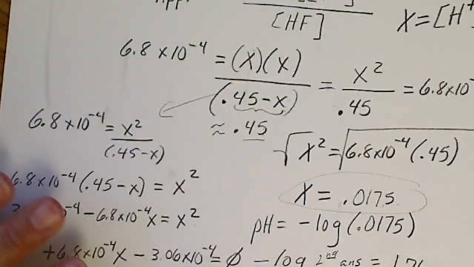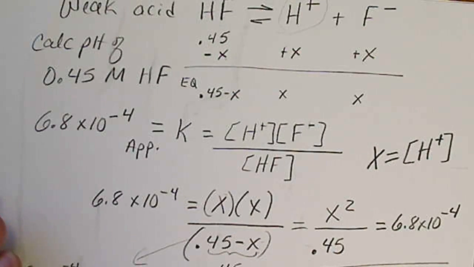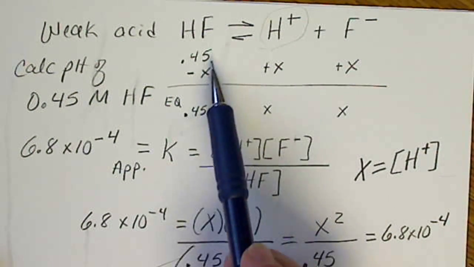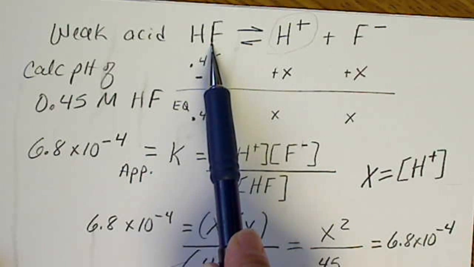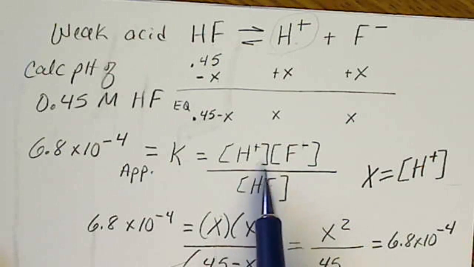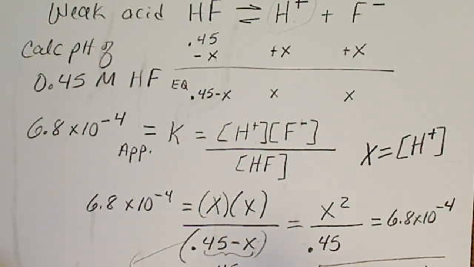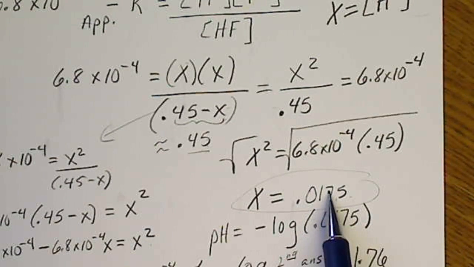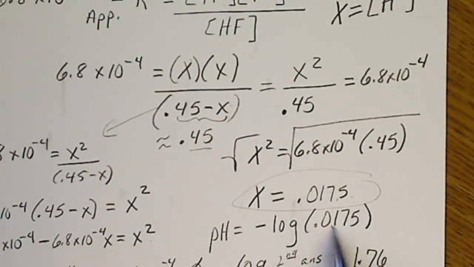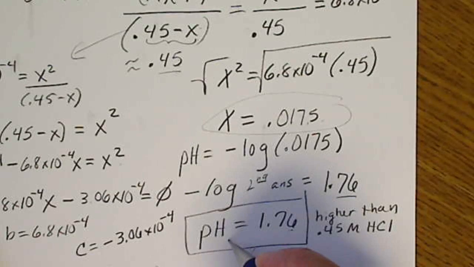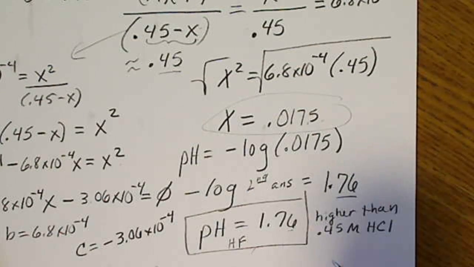But when we have a weak acid, we're always going to have a 1-to-1 relationship between the acid and the hydrogen ion. And so we'll almost always end up with an x squared term here. So we need to solve for x, which is going to be the hydrogen ion. And once we have a value for x, we take the negative log of that number. And here, this is the pH of hydrofluoric acid.